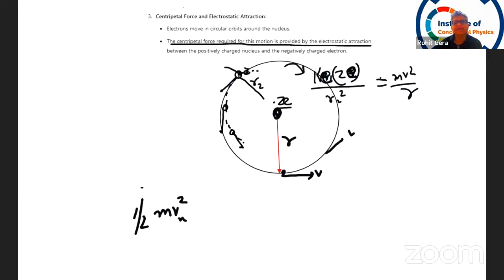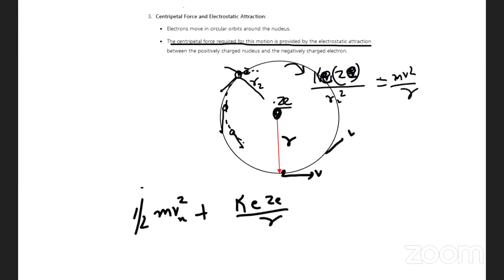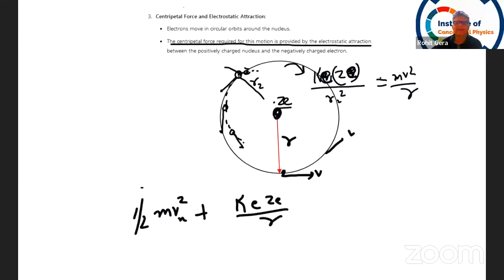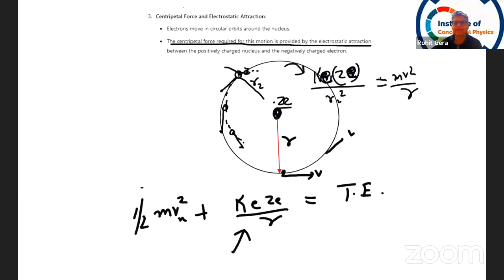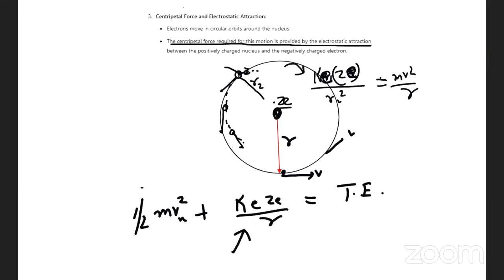Also, it has energy because of its interaction with the nucleus, which is K Z e square by r, and the force is attractive. So this is the total energy of the electron. This part is the potential energy because it is interacting with the nucleus, attraction, and this is because of its motion.